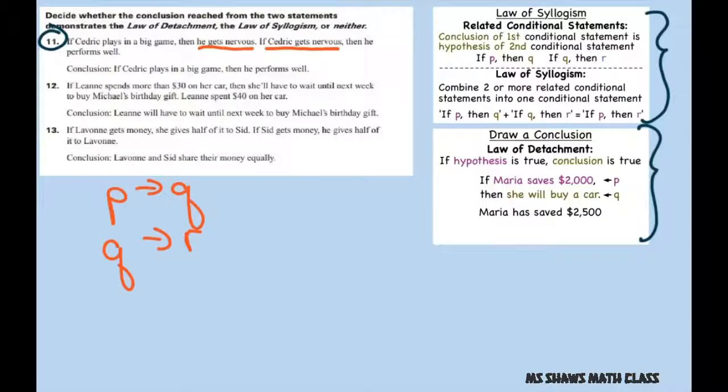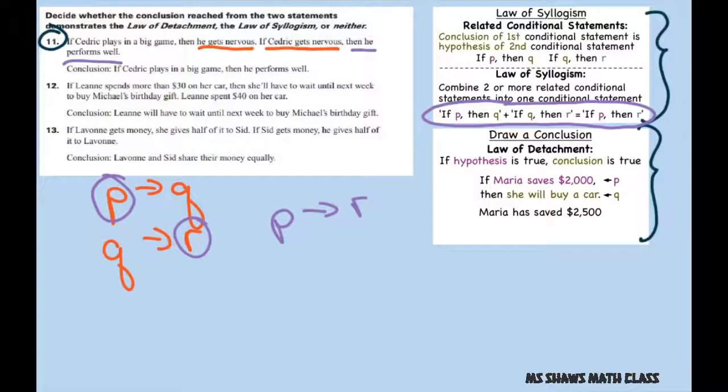So the conclusion stated if Cedric plays a big game, which is your P, then he performs well, which is your R. So that's saying if P, then R. So that's your law of syllogism, where if you combine two or more related conditional statements into one conditional statement, which is what we did here.